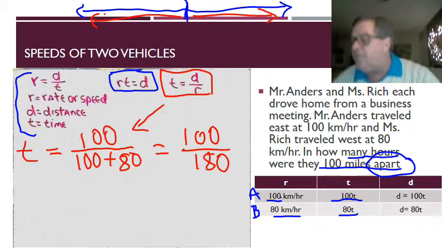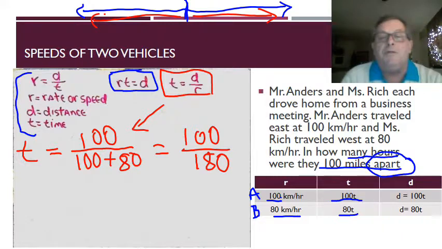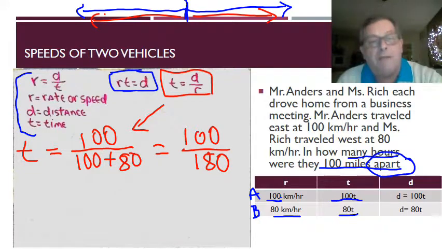Okay, so when I determine what 100 is over 180, whether I do it in a decimal or a fraction, well, it kind of depends on how it's going to ask the question as to what I want to use. But it's asking for an hour. I'm just going to leave it in a fraction for right now. And when I reduce that down, or if I divide 100 by 180, I get 5/9.